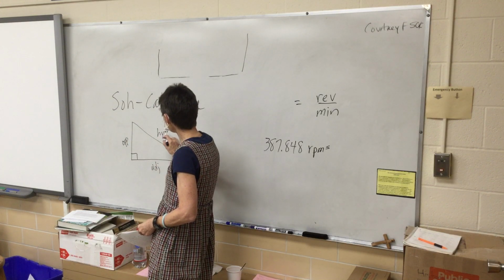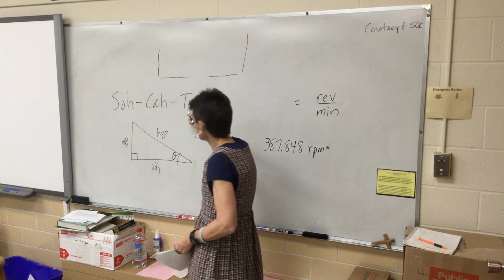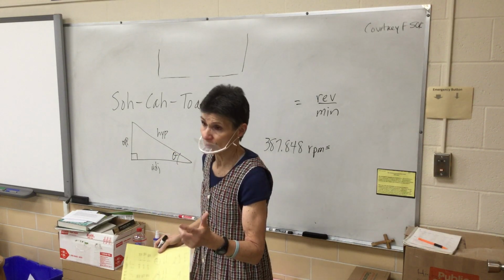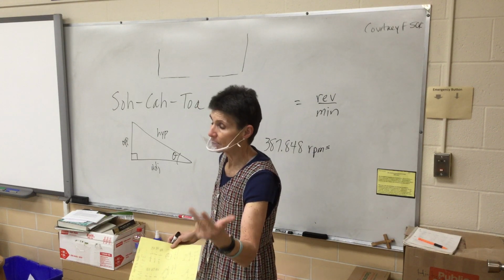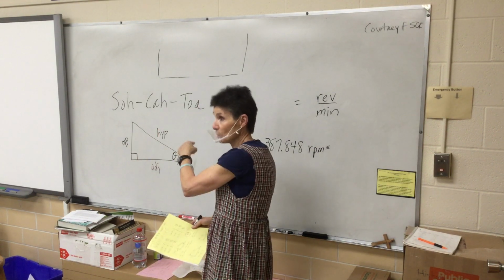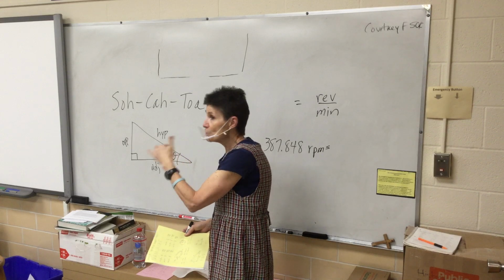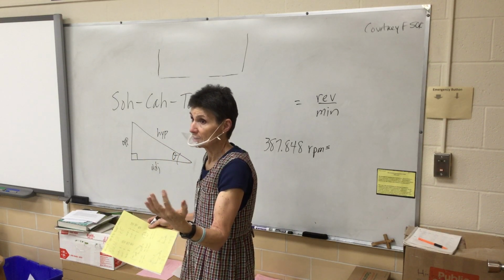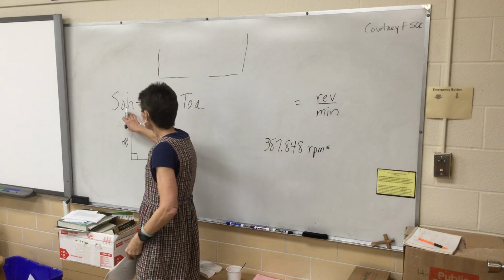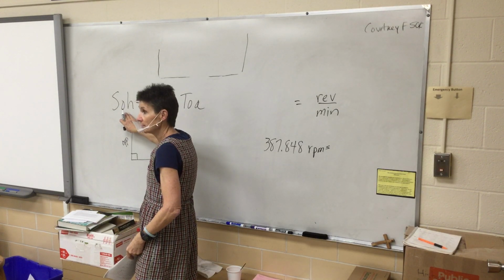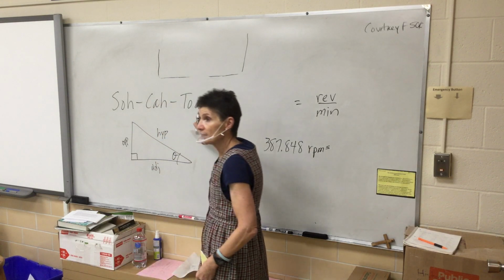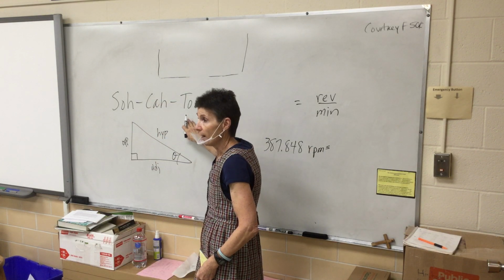Cosine is adjacent over hypotenuse, and tangent is opposite over adjacent. Now remember, the other three, cosecant, secant, cotangent, are just the reciprocals of these. So if you can remember SOHCAHTOA, then you can do all 6 functions. Cosecant, hypotenuse over opposite, secant, hypotenuse over adjacent, and cotangent, adjacent over opposite.